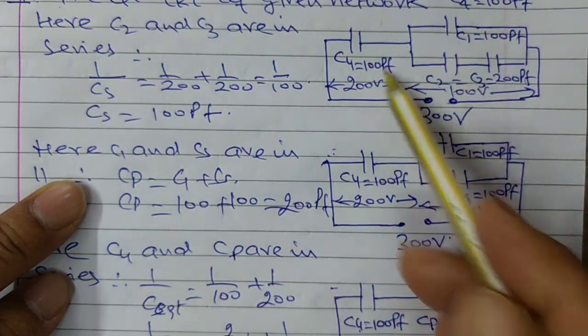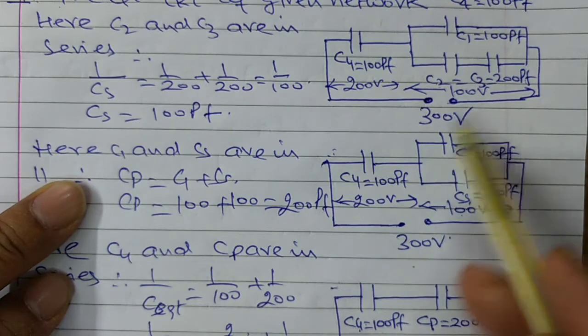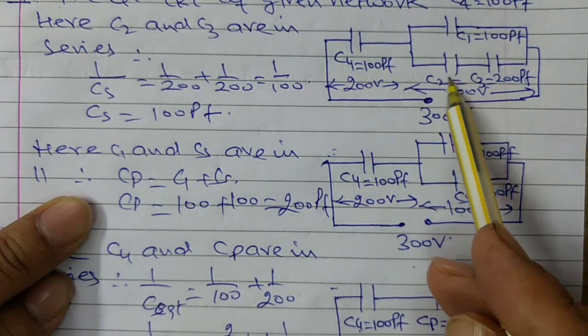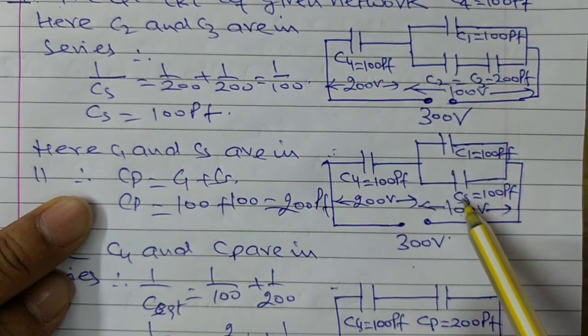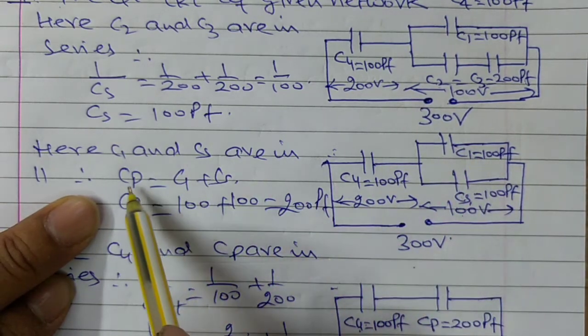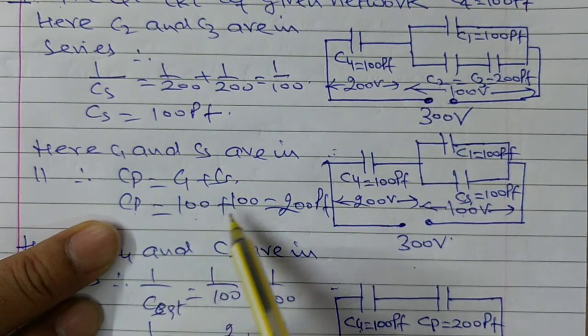Now, the equivalent circuit diagram of this network is according to this. This Cs is the equivalent of these two, and now C1 and Cs are in parallel. ये दोनों के दोनों parallel. Therefore, their equivalent capacitance Cp is equal to 100 plus 100.